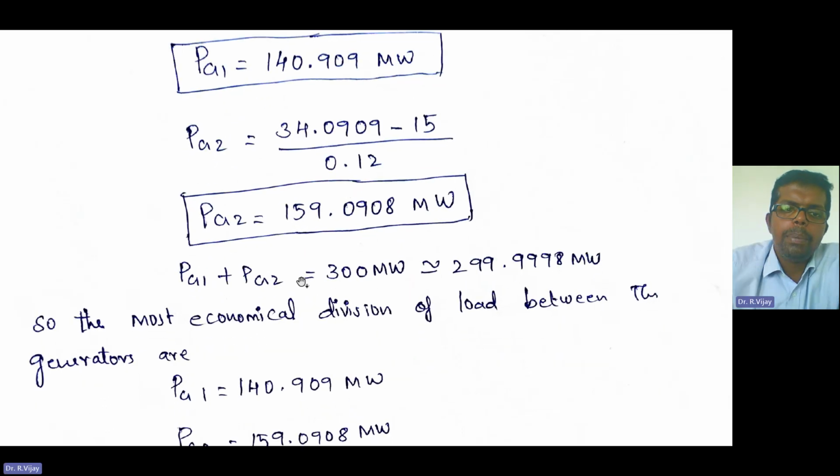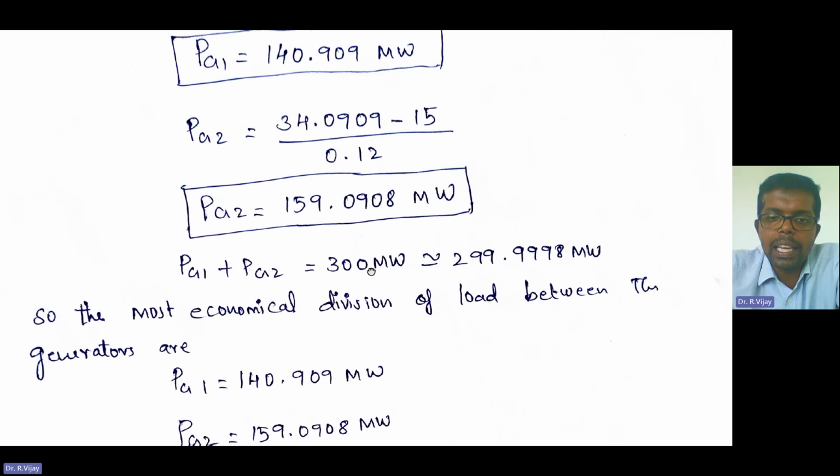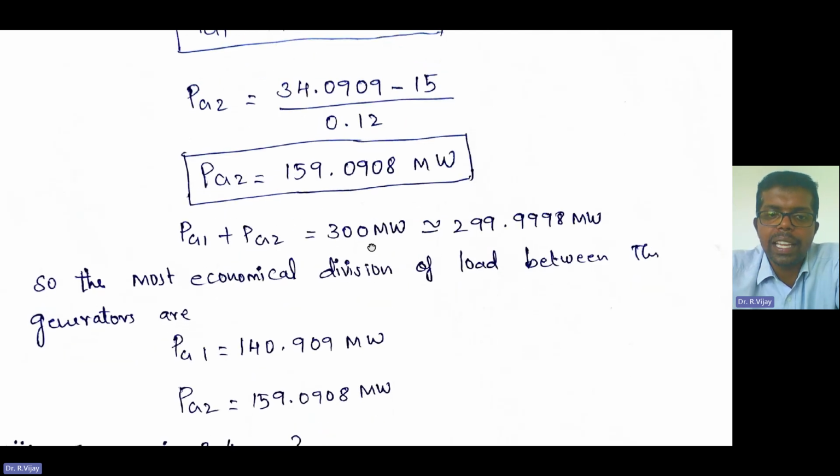So PG1 and PG2 satisfy the demand of 300 megawatt. Approximately we get 299.9998 megawatt, which is approximately equal to 300 megawatt. So it is satisfying the demand.